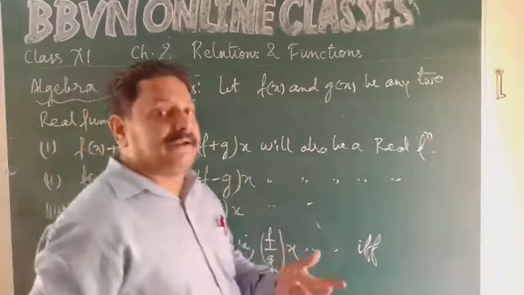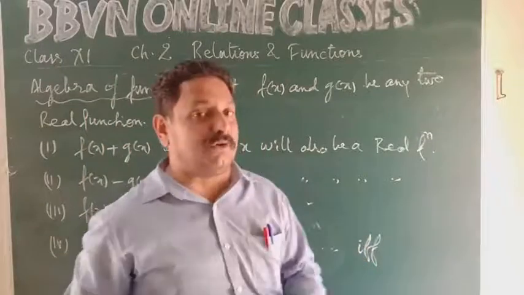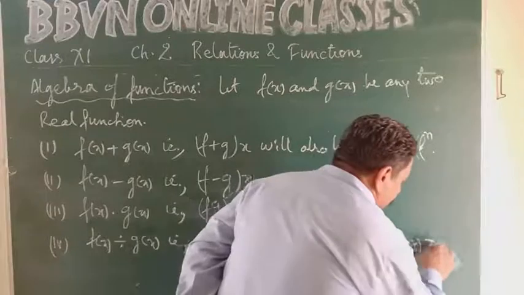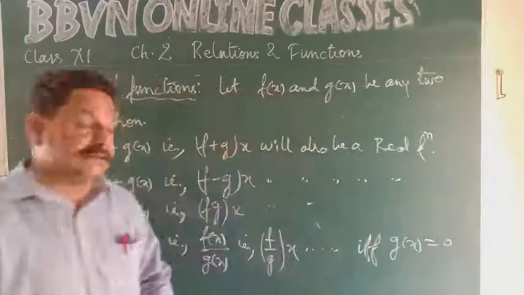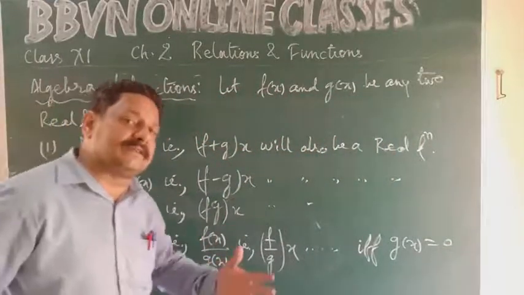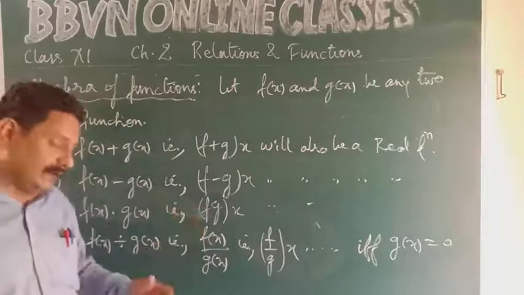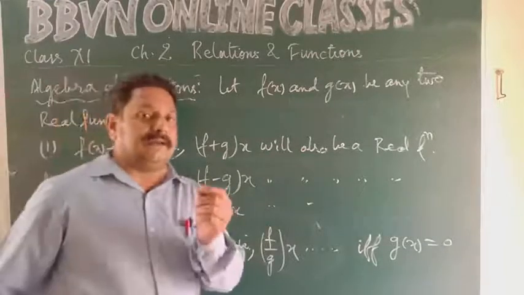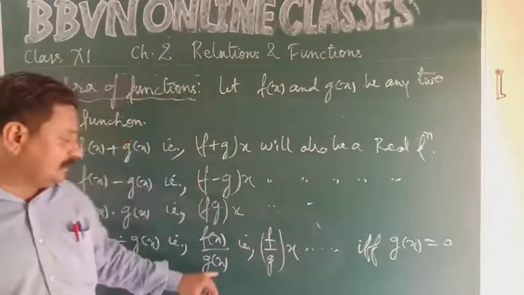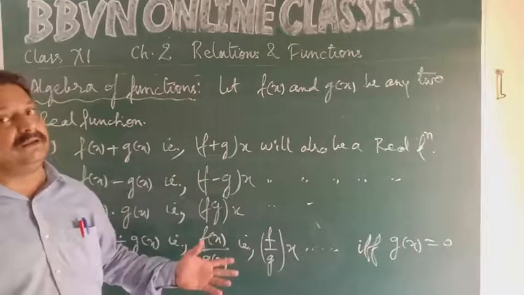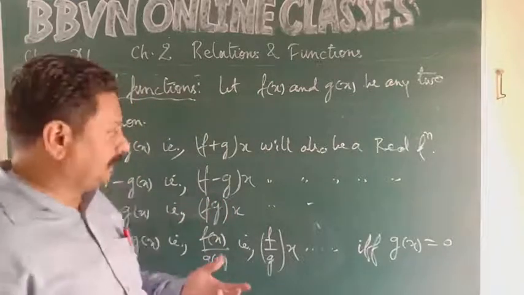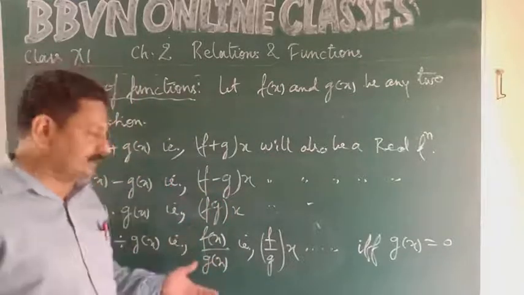So whenever we define a rational number, we say that the denominator should not be 0. So here g of x should not be 0. It means the range of g of x should not have the element 0, because if it becomes 0 then this rational number will be undefined. Got it, children? Many examples can be taken to demonstrate it.